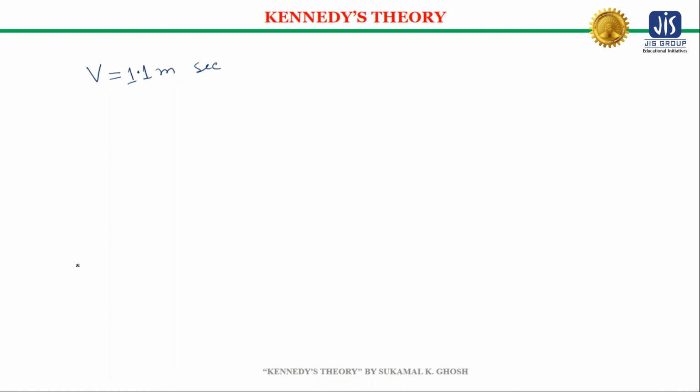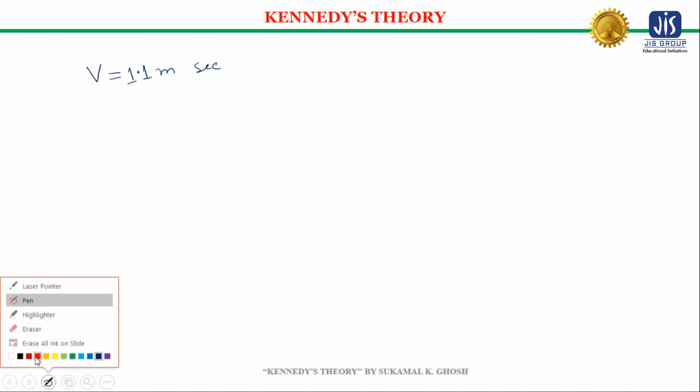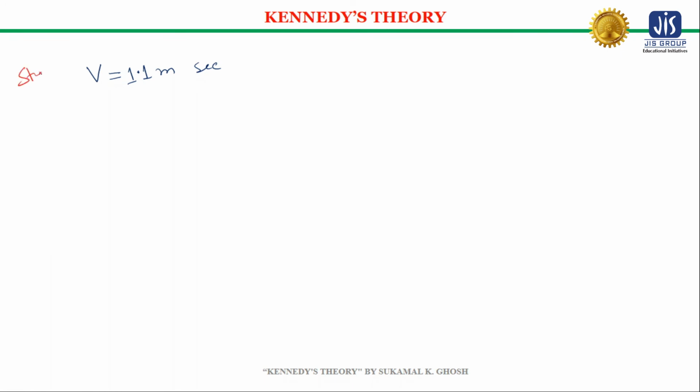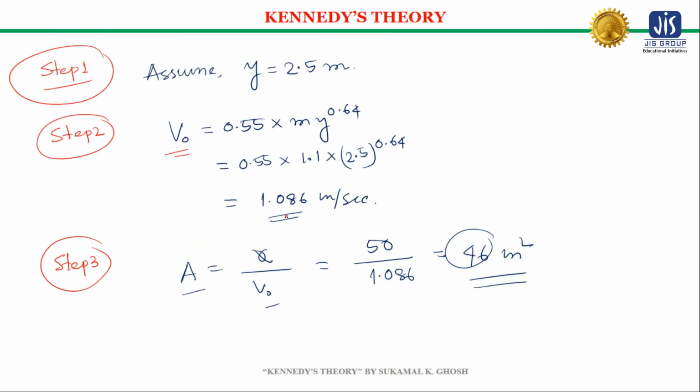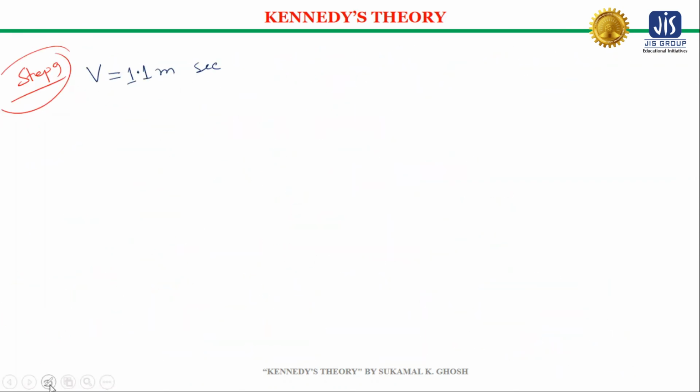Okay, this is actually our step 9 or the last step. So what was our V0? Let me check. Our V0 that we have calculated is 1.086. So our V is 1.1 meter per second, and the value of V naught, that is critical velocity, is 1.086 meter per second.